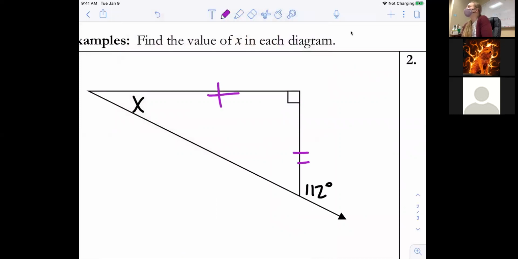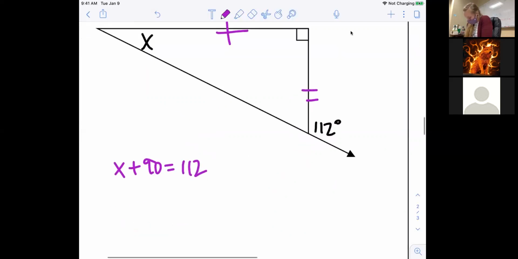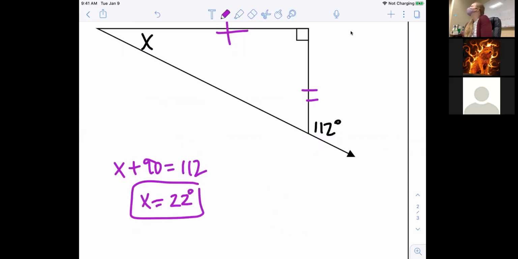My two remote interior angles sum to equal the exterior angle. So I'm going to write x plus 90 equals 112, and then I can solve. Minus 90, x equals 22. We okay with that?